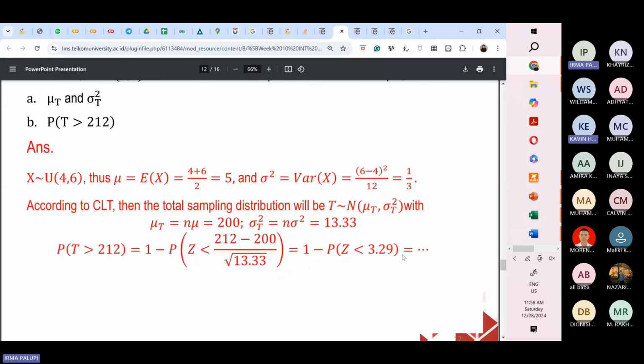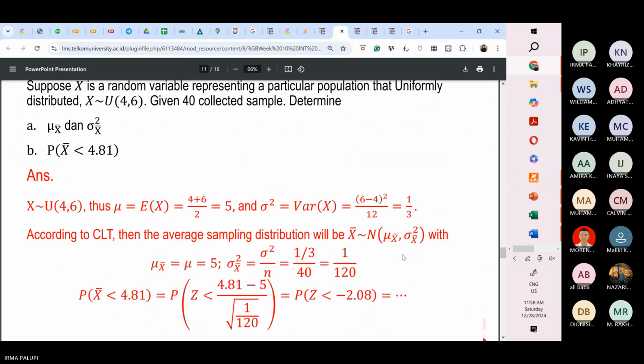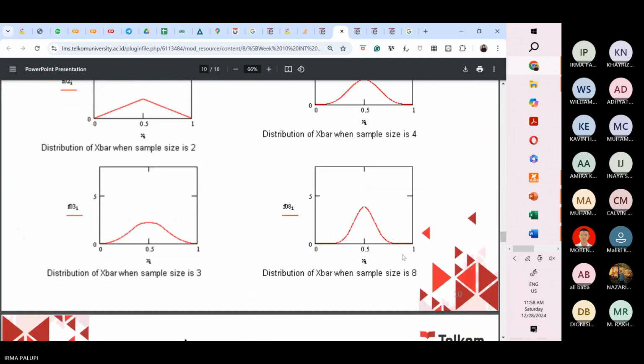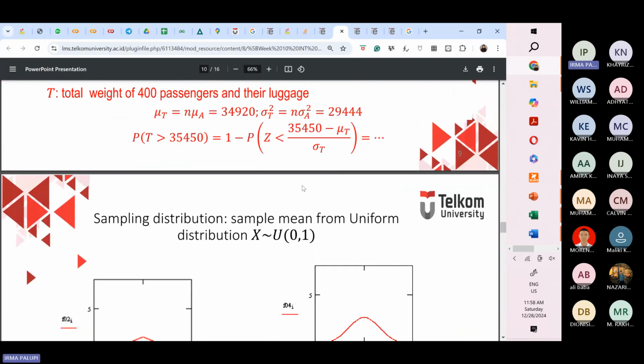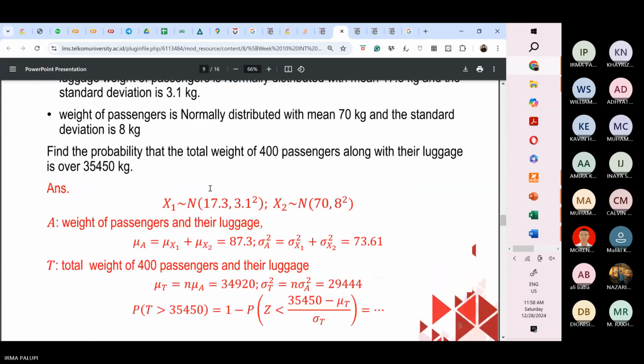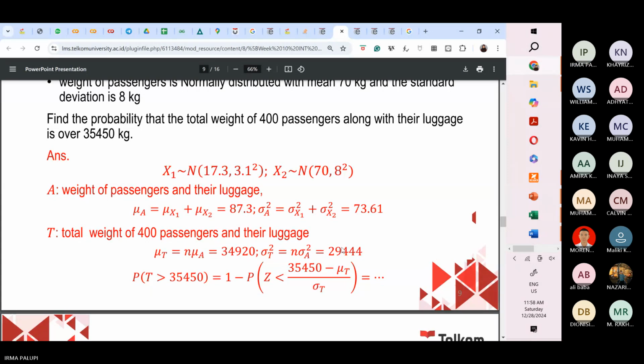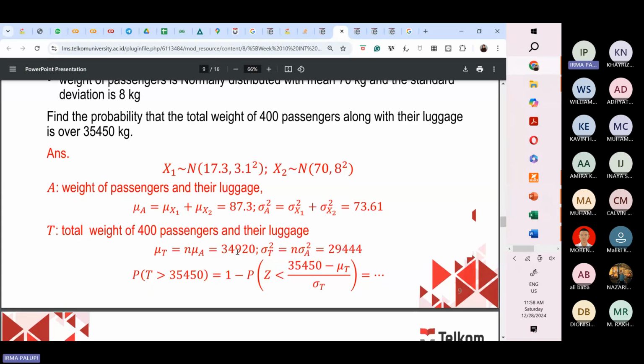Miss, can I ask a question? If we forget, it can be derived. But I don't want that for today. This is the total weight, right? The mean of the total is n times the mean of a single random variable, right?